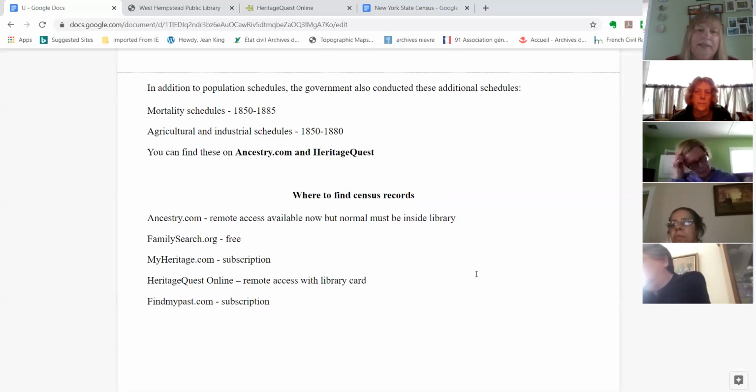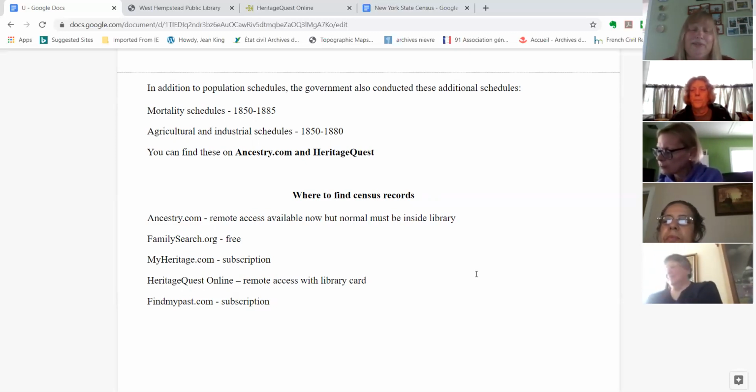So, the reason you might want to look at something other than, say, Ancestry is because of the indexing. Census records are known for having rather awful handwriting for the most part. And when these are indexed, people are guessing what the first and last names are.